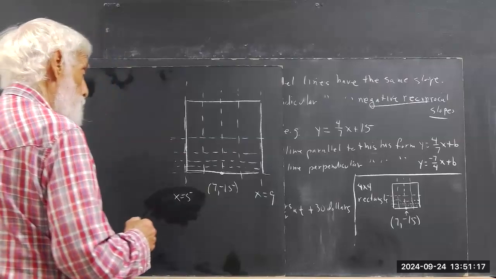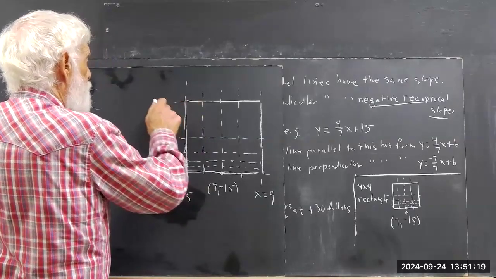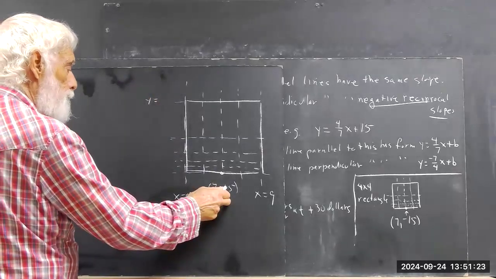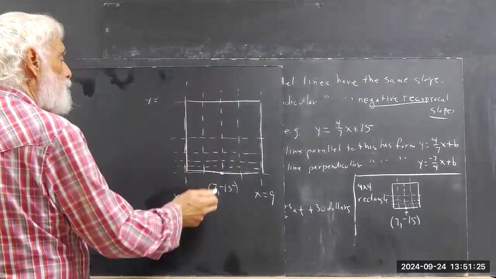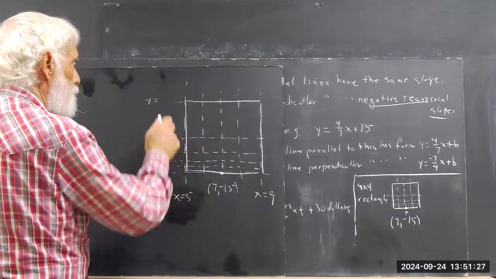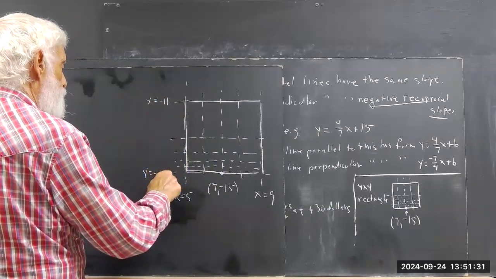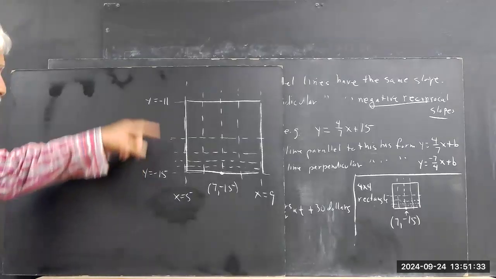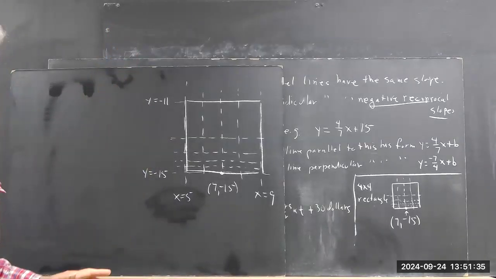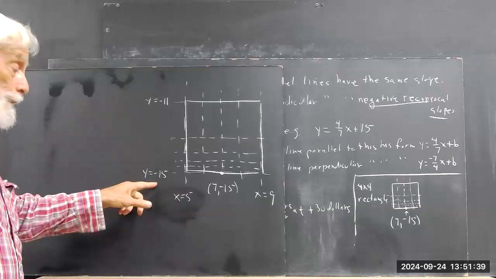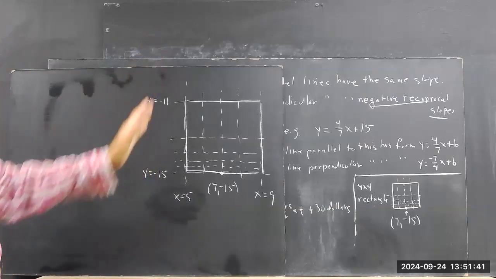Structure. Okay. Then we have y equals what else here? Well, this is -15. This is 4 units higher, so you add 4 to -15, you get -11. So you got negative numbers that are increasing. Even though 11 is less than 15, -11 is greater than -15 because it's closer to 0.